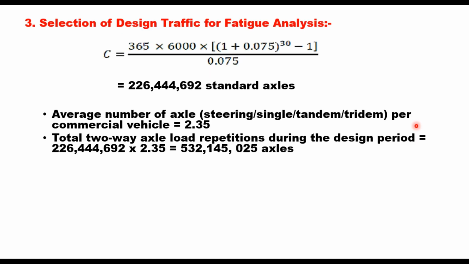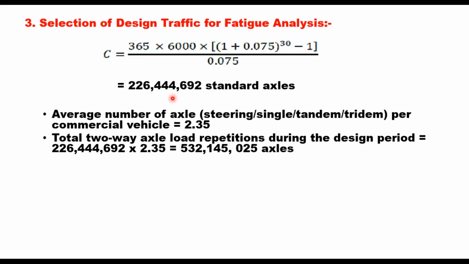Then design traffic. This is the equation to calculate the standard axles, that is 226 million standard axles. Now here it is for both ways, both directions, 6,000. R is 7.5% and you calculate C as 226,444,692 standard axles.